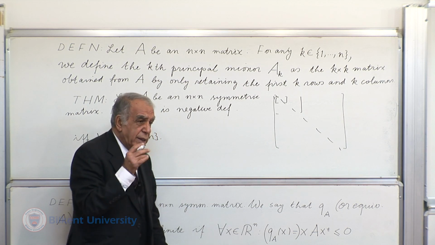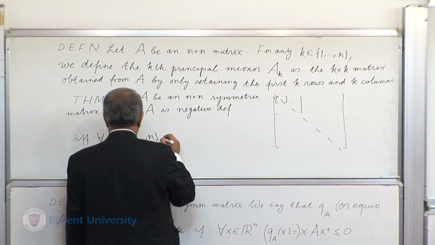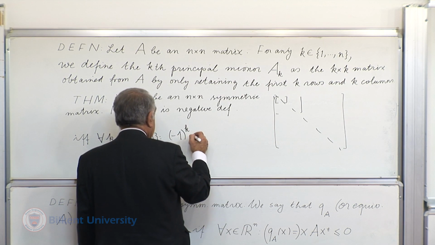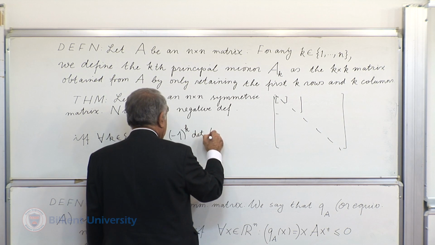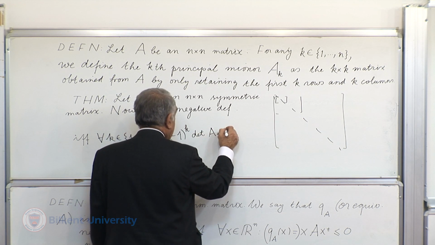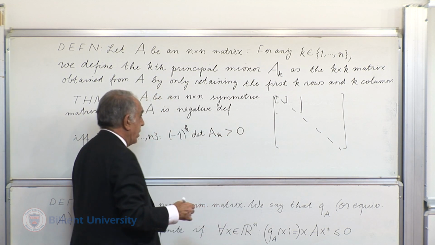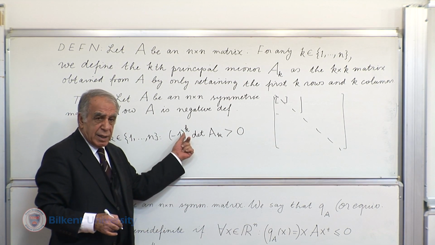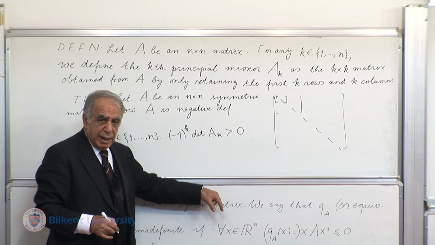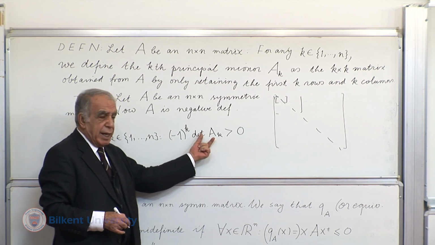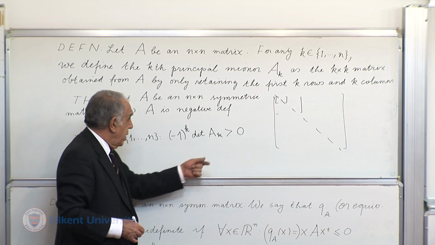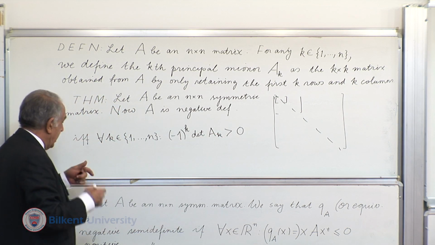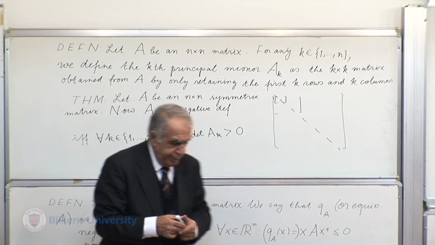So they will alternate in sign, and we'll have minus 1 to the k, determinant of Ak, that will be positive. Because when k is odd, the determinant will be negative, but then this factor will be negative too, and then we'll have this.